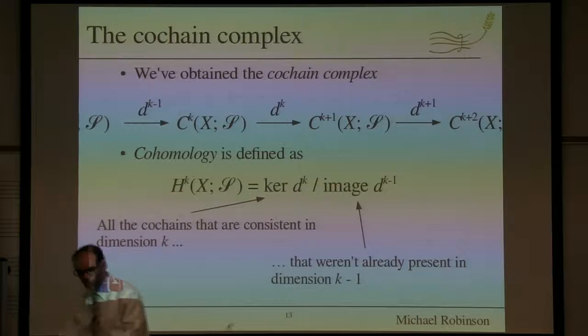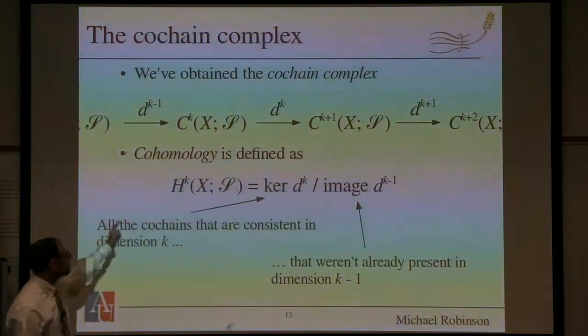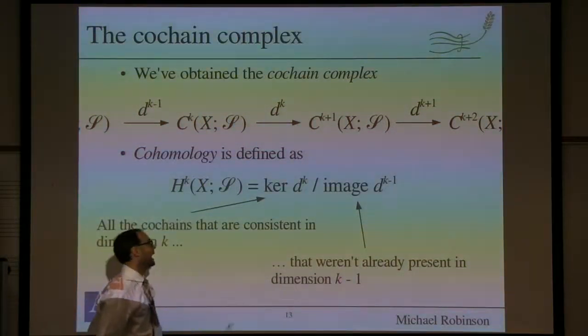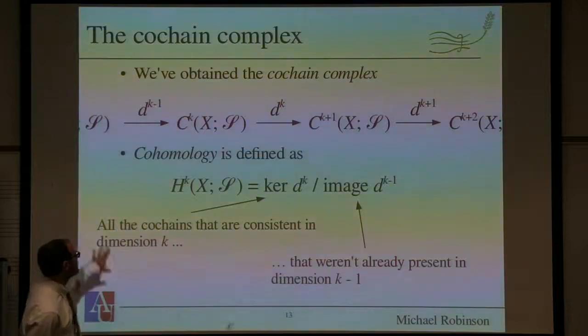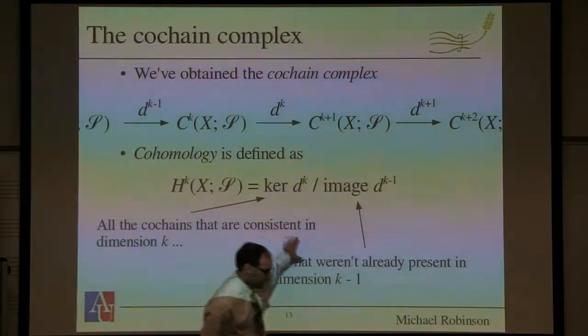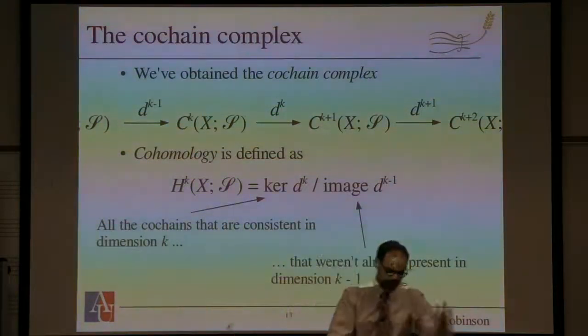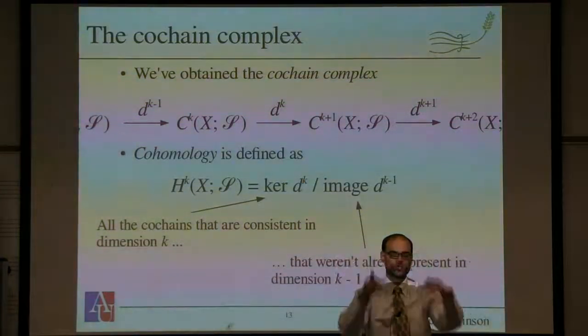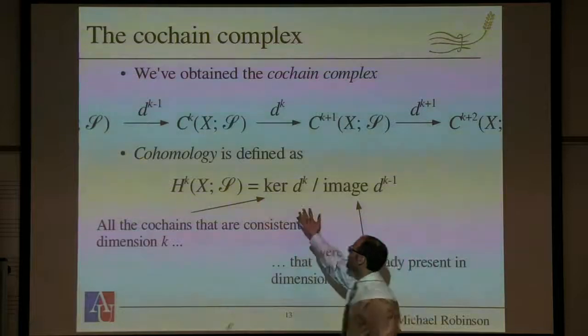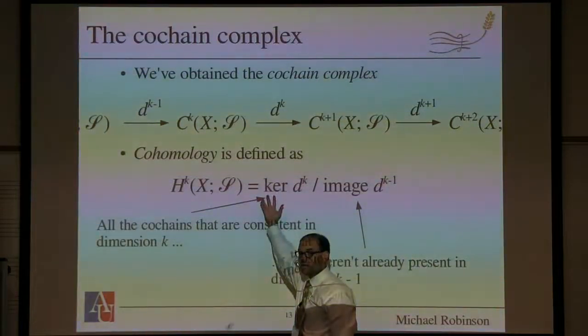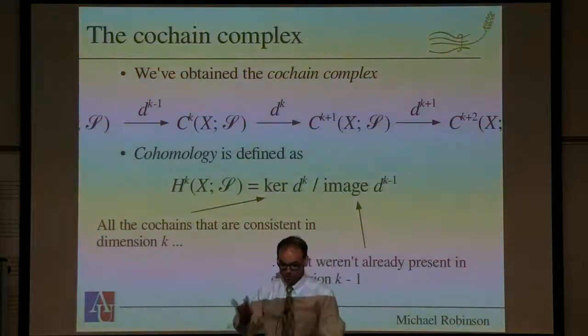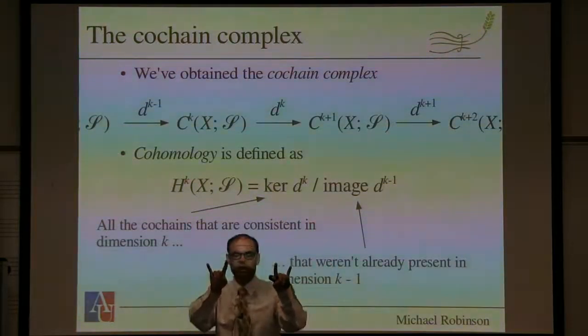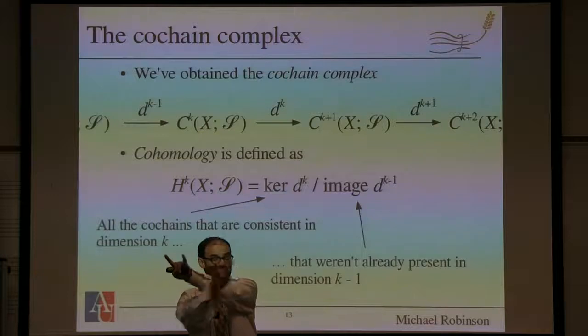And really, what is it doing? At level k, at dimension k, it's asking for all of the cochains that, when I go from level k to k+1 and check them on higher dimensional simplices, lie in the kernel. They're consistent. They are the sort of things that when I did that global section check, I picked it up, moved it over to the other side, and got 0.